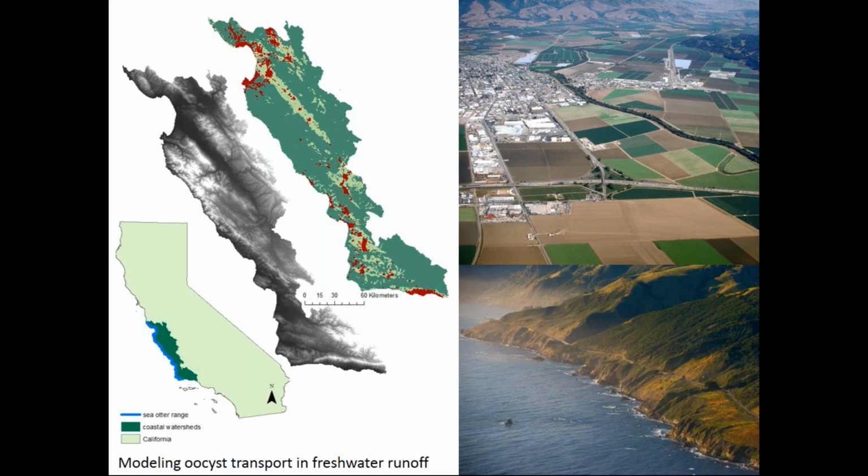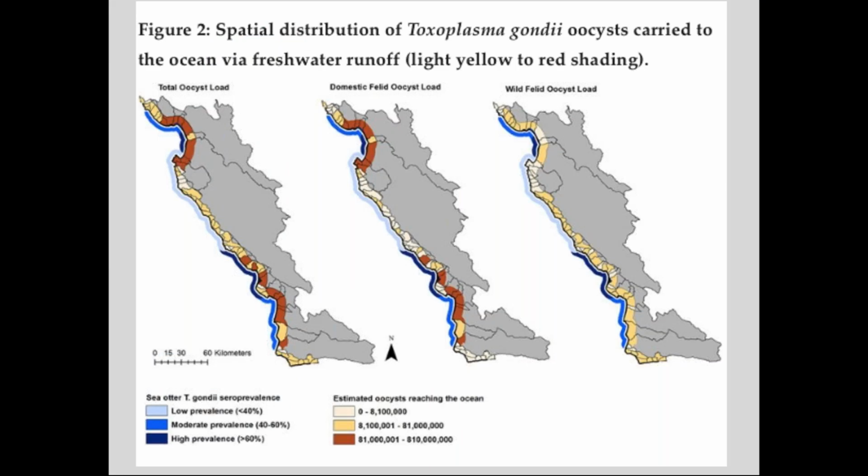And so this was all plugged into the model, and this area highlighted here is the area that was targeted for the model, and this is the sea otter range, their coastal watersheds. And the next question was, based on what we know from shedding and seroprevalence, what's the estimated number of oocysts that reach the ocean across these different regions within that highlighted area I showed you in that last slide.